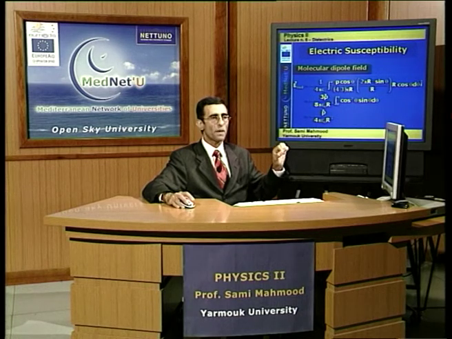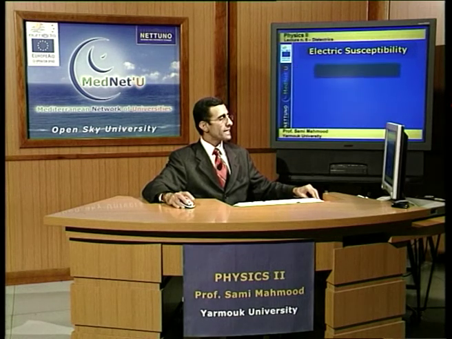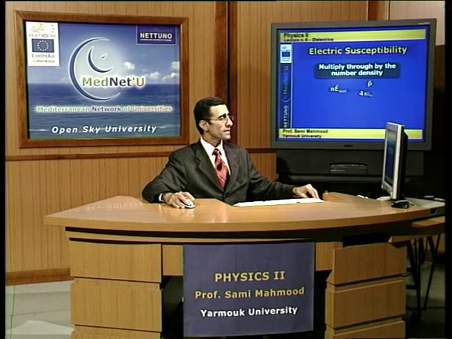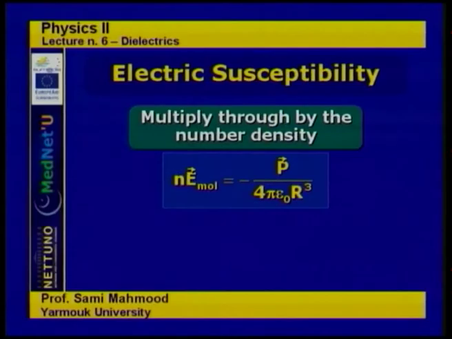This is a relation for the molecular field in terms of its electric dipole moment p. And now multiply through by the number density, we get n times the molecular field is simply equal to n times small p, which is capital P, the polarization, divided by 4 pi epsilon naught r cubed, with a minus sign in front.